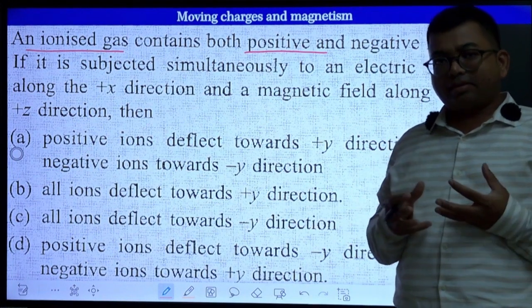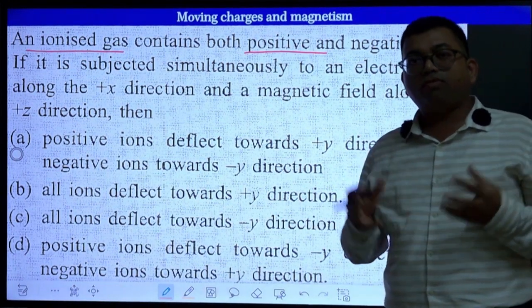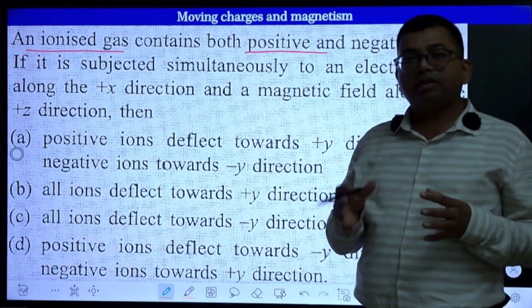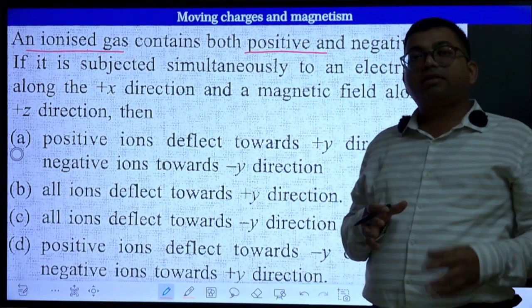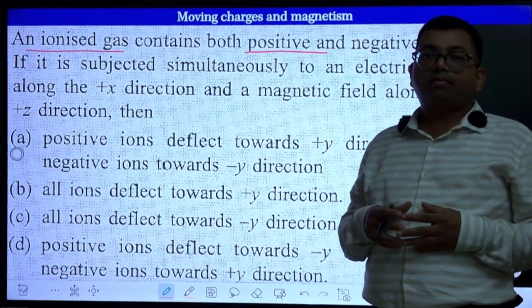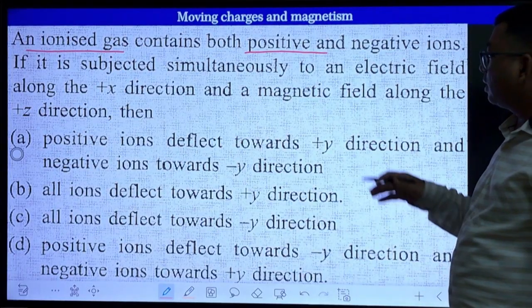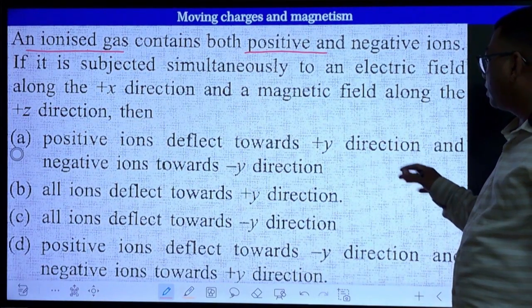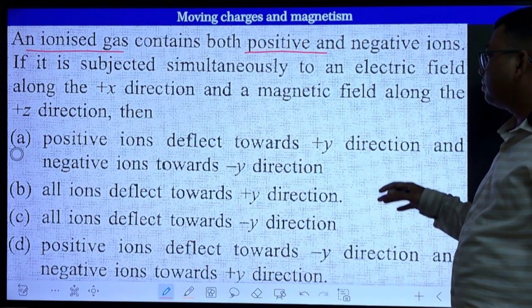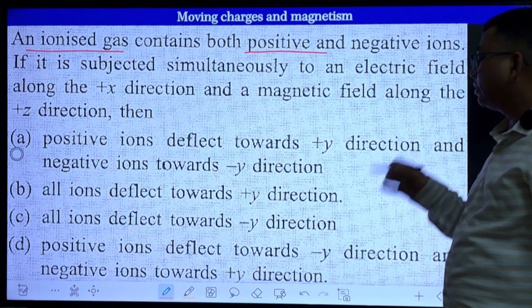So the gas has a mixture of both kinds of ions, and both the electric field and magnetic field are applied. Then what will happen? Positive ions deflect towards the y direction and negative ions deflect towards the minus y direction.